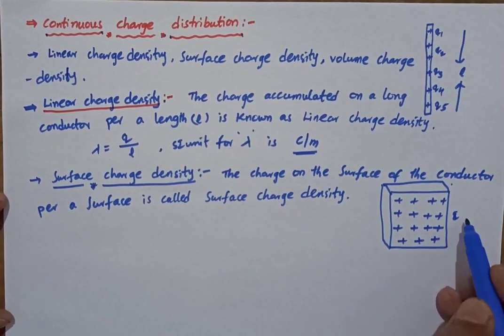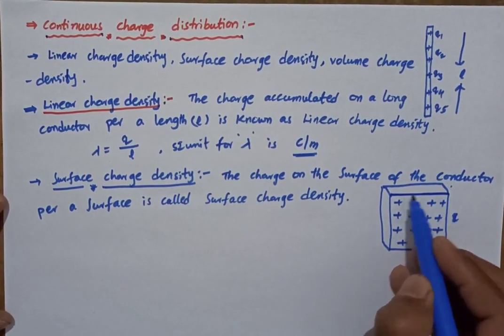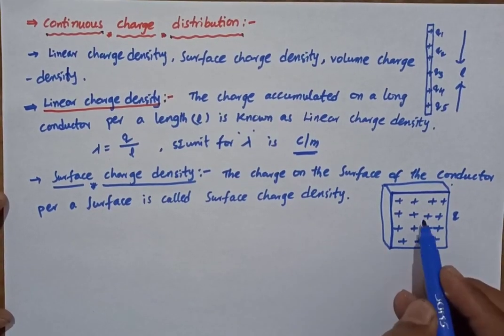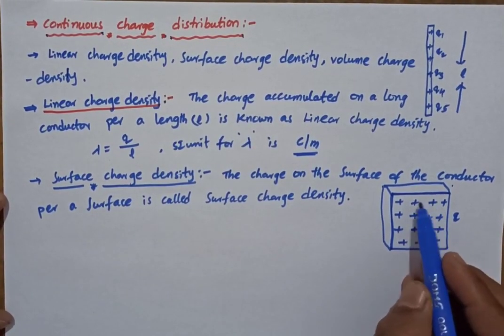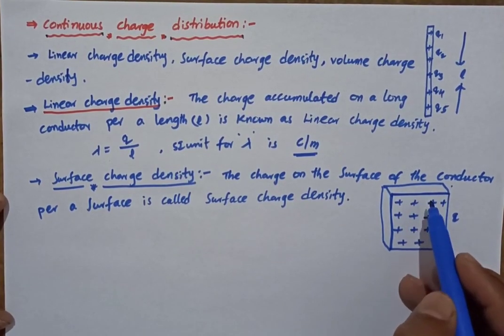Then we consider only length and width, so length into width equals the area of the surface.